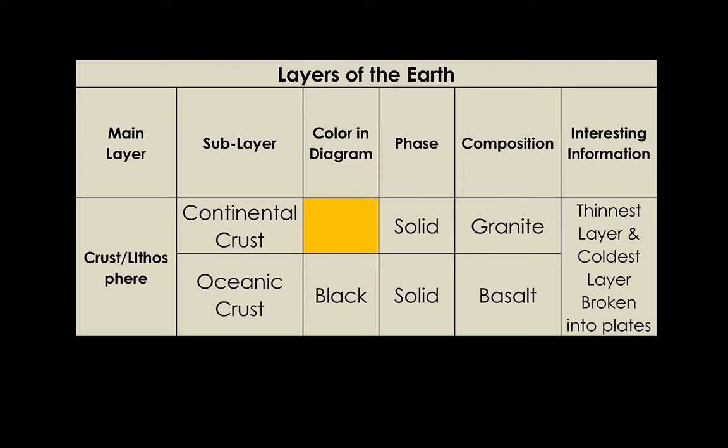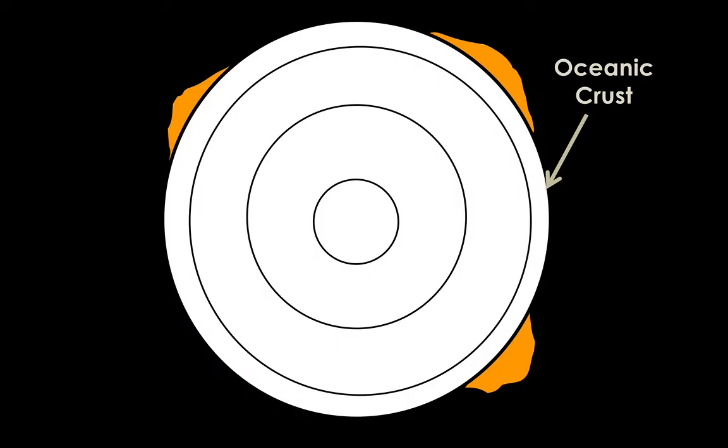There's temperature involved here with these layers of the Earth, which is part of the differences in density that then give us the different layers. And it's also not a solid layer. It's broken into plates, and we're going to get into plate tectonics a little later on. All right, so that is the crust.